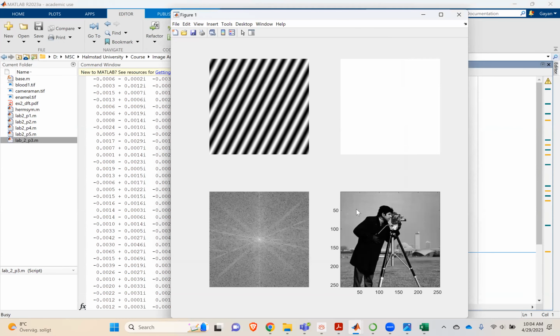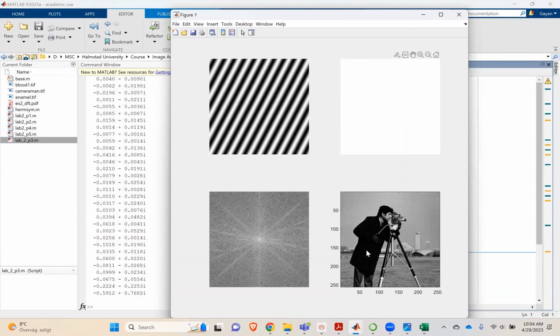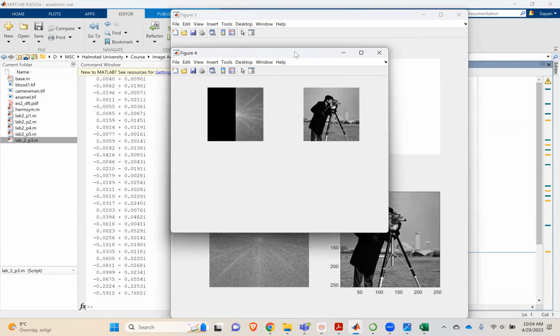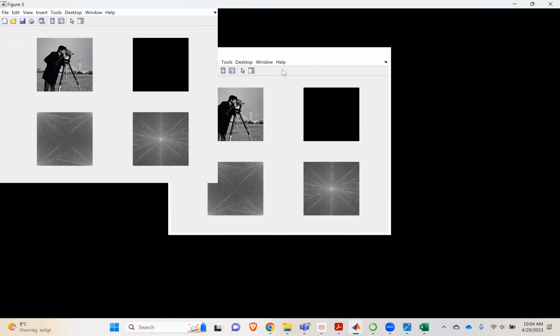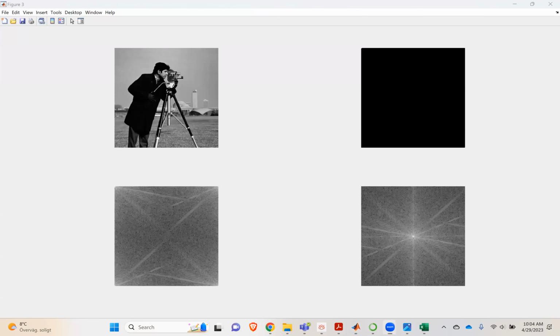Okay. So let's say we have this original image. When you convert this into Fourier, you get some values.